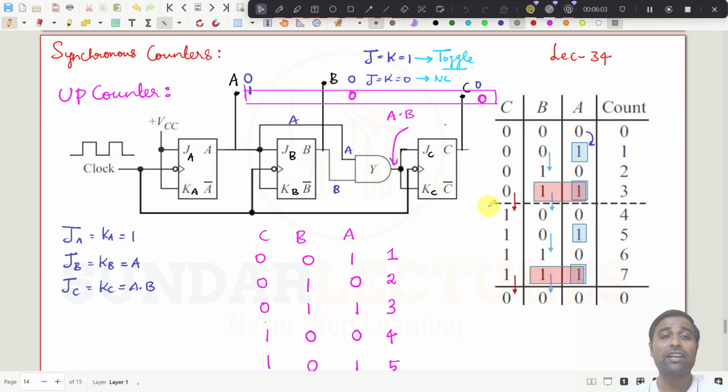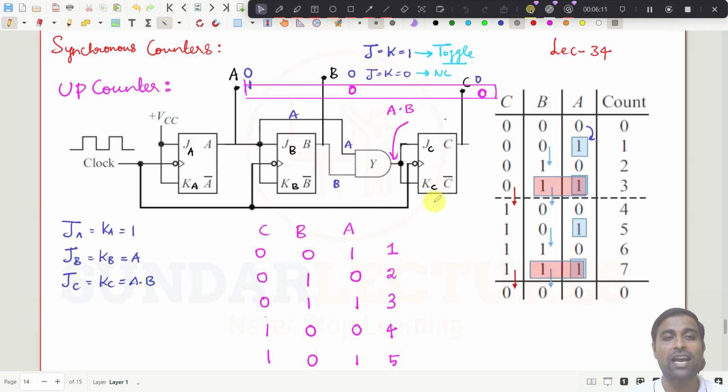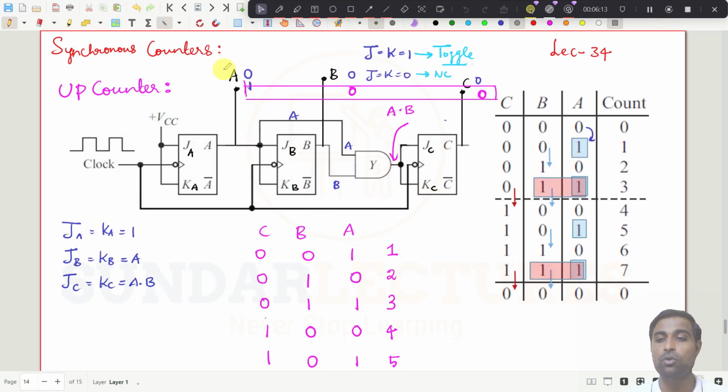So now you would have understood what is the synchronous up counter and then synchronous down counter. So what are the topics we have seen in this particular class? We have started with the synchronous counter. This is the circuit diagram of the synchronous counter, that means a design circuit of a synchronous counter, and we have written the equations for every A, B, C outputs.